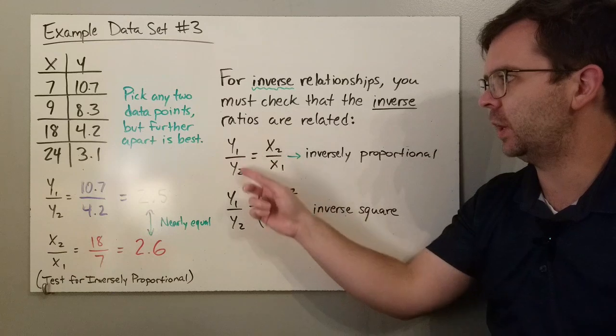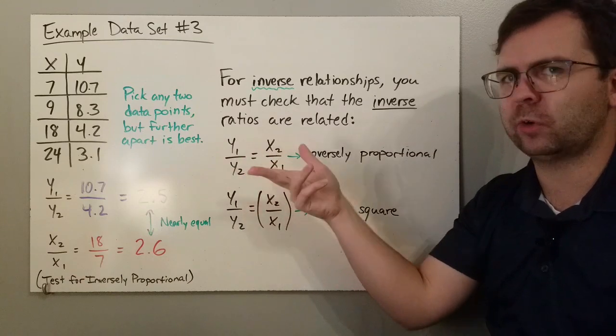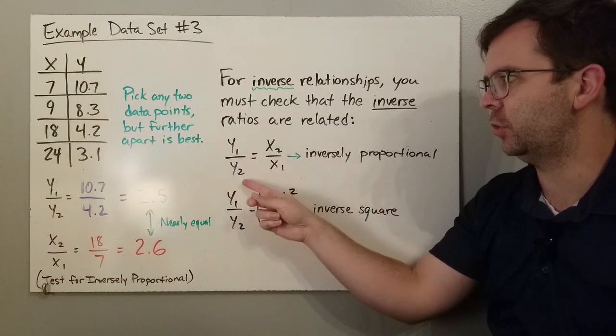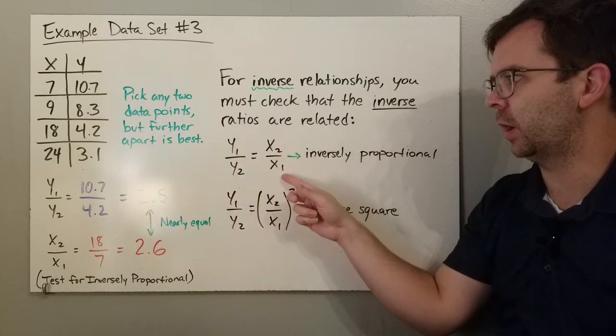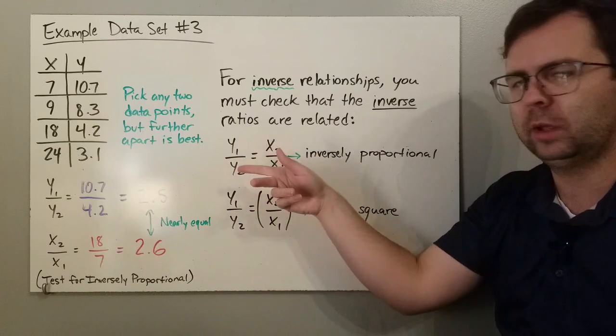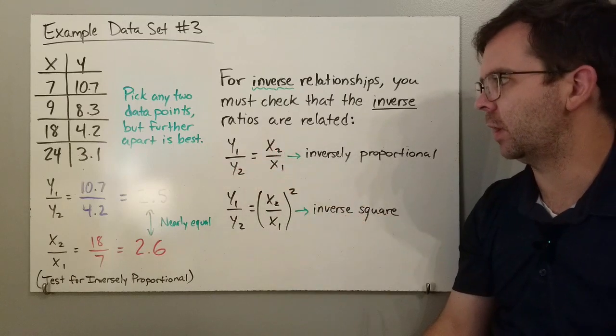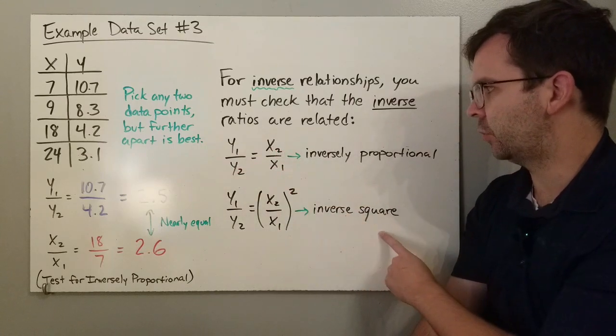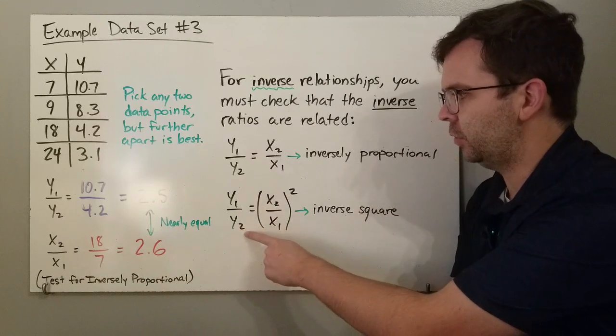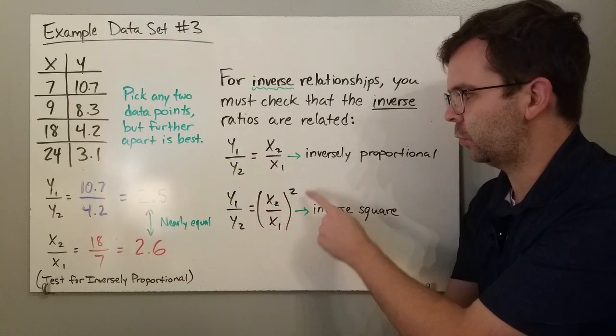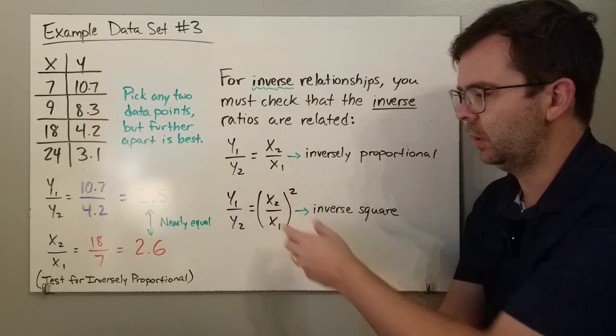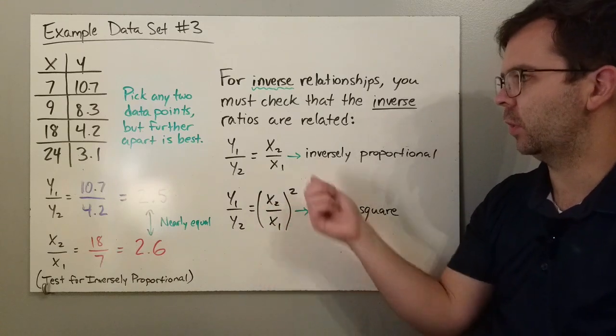So instead of y2 over y1, we invert it. And so we say y1 over y2 is equal to x2 over x1. So we've inverted the ratio of the y value. And the same thing for inverse square, y1 over y2 is equal to x2 over x1 squared. So they're inverted ratios. One is squared, one is not.